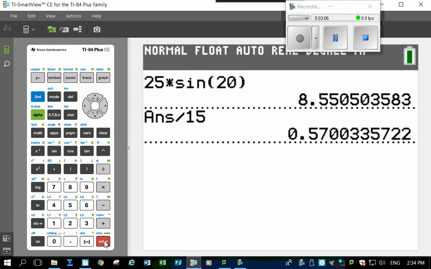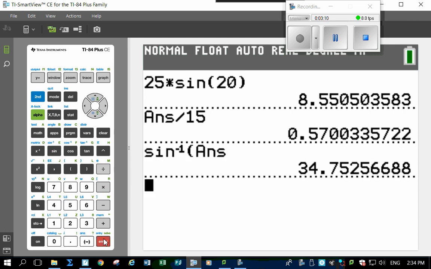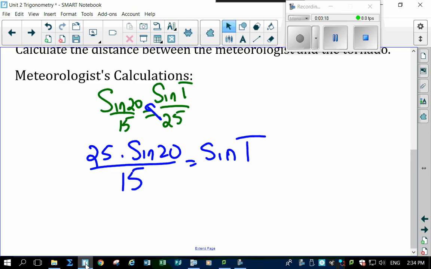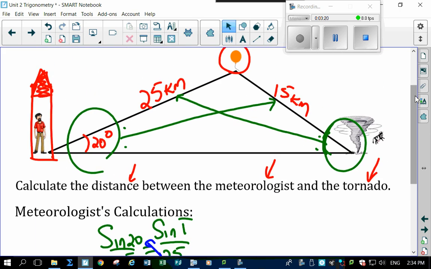To find the actual angle, take the inverse sine of the answer, and we get an angle of 34.75 degrees. Cool. So 34.75 is this angle right here. Well, we can use this in conjunction with this to find this angle so we can find that side.